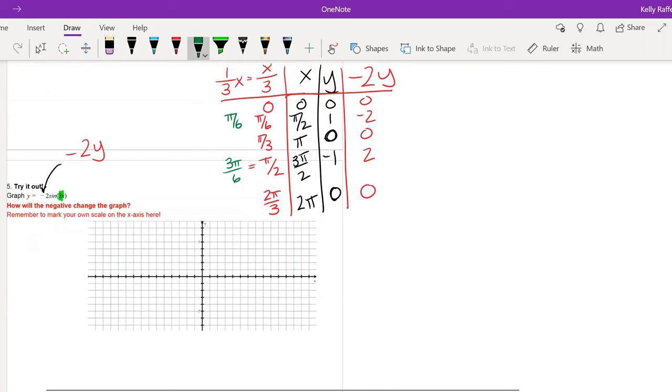So this would be pi over 6. If I got a common denominator for pi over 3, it would be 2 pi over 6. So here's our pattern: pi over 6, 2 pi over 6, 3 pi over 6. This guy would be 4 pi over 6. Some people like to write that better on their graphs, but as long as your points are good, I'm okay. All right, and then I'm going to graph these guys on here.